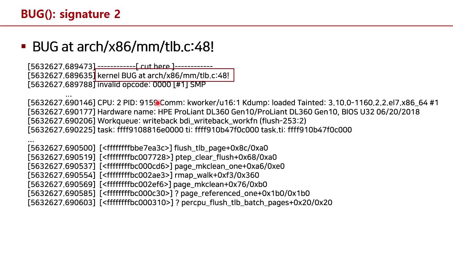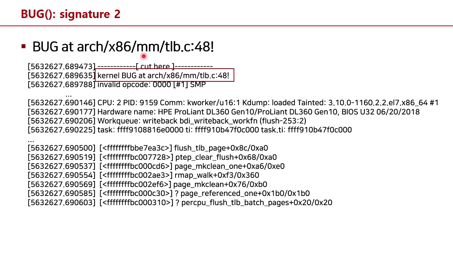Then let me introduce and show you another signature when the bug macro is called. As I told you in the last slide, bug is an architecture specific macro. Then the bug macro can be compiled in different ways depending on the type of compiler.